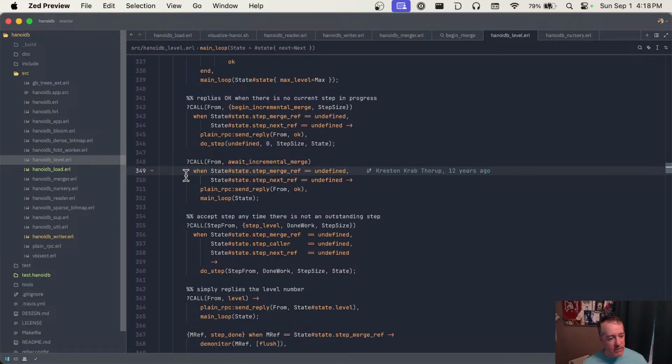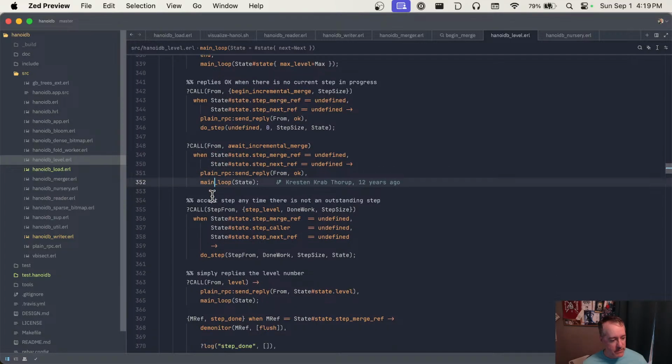Anyway, okay, so if we're not doing any merges, I'm guessing that's what this is about. Just send OK, go back to the main loop. Okay, we're definitely gonna have to look at this do step.